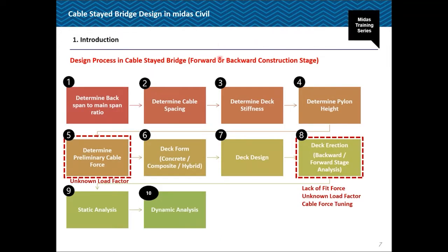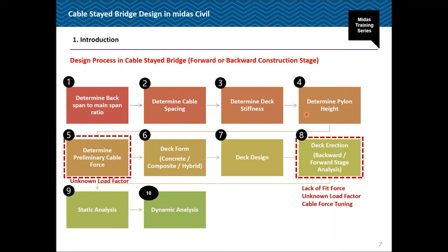So this is the overall design process in a cable stay bridge. Starting with determining the back span to main span ratio, which we generally follow as 0.3 to 0.5 of the main span. Second, we determine the cable spacing. Third, we determine the deck stiffness, like how stiff a deck should be.